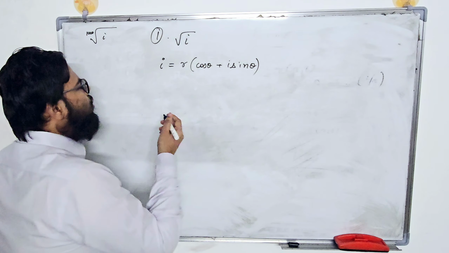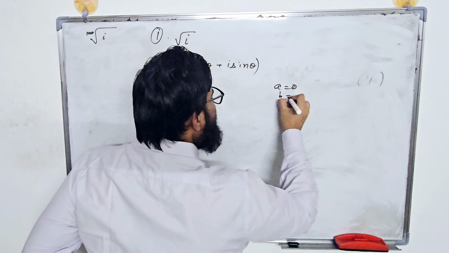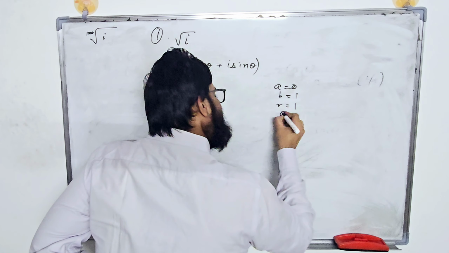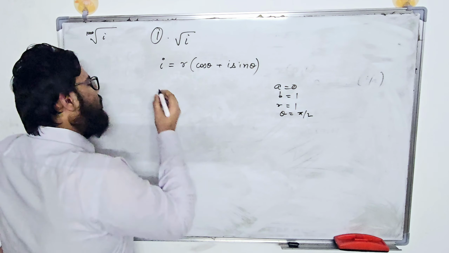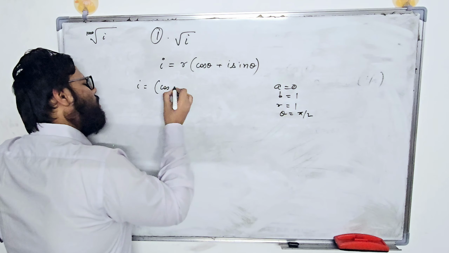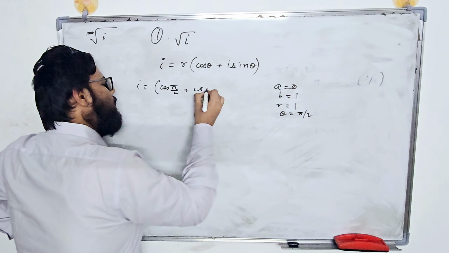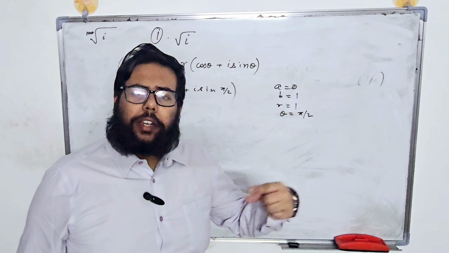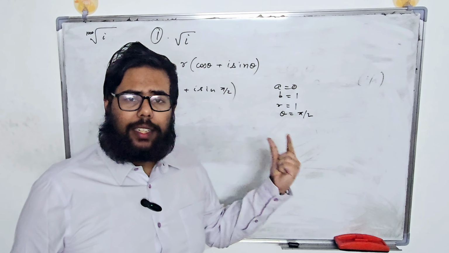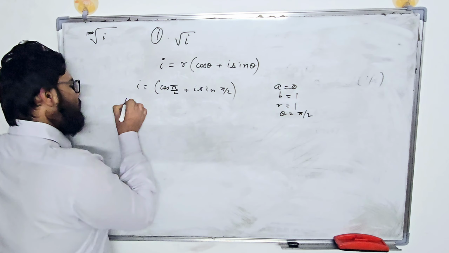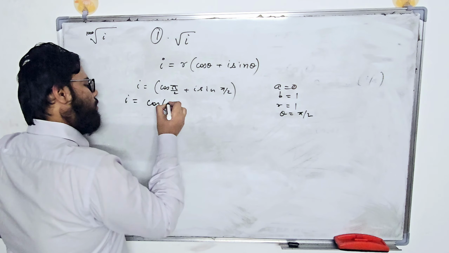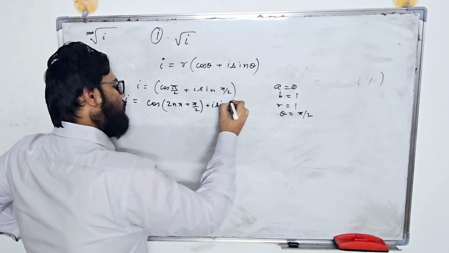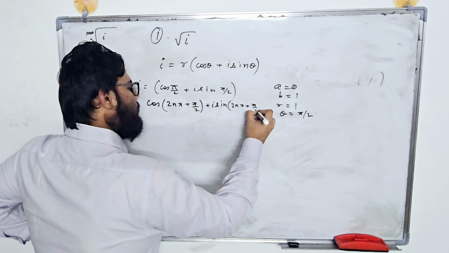We all know that over here a is equal to 0 and b is equal to 1, so r is equal to 1 and theta is equal to pi by 2. So iota can be written as cos pi by 2 plus I sin pi by 2, and we all know that in a complete rotation the values of cos and sin don't change.